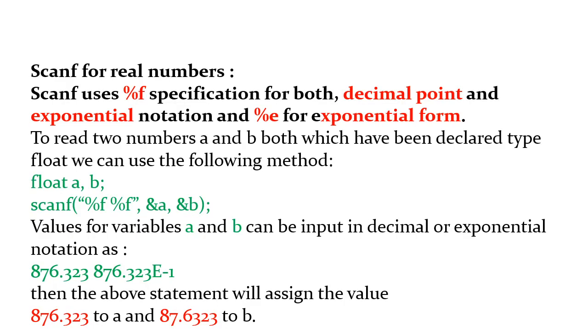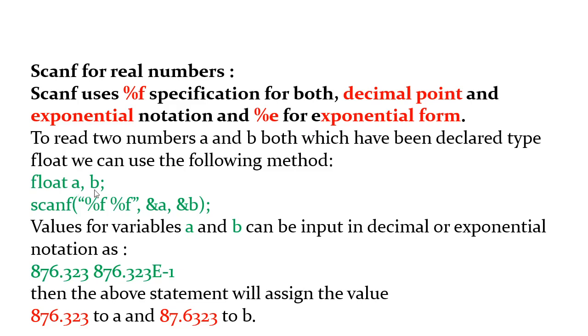So, scanf for real numbers. scanf uses the %f specification, for both decimal points and exponential notation. So %e is for exponential form. To read two numbers a and b, both declared as type float, we can use a method.